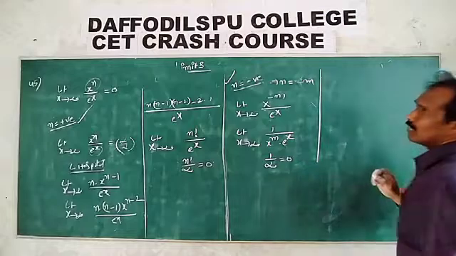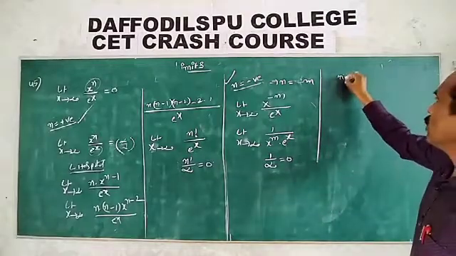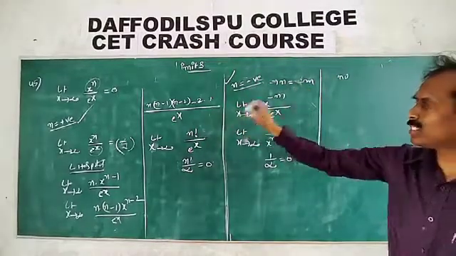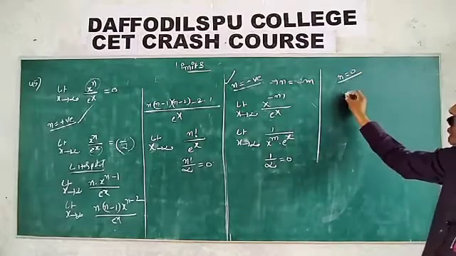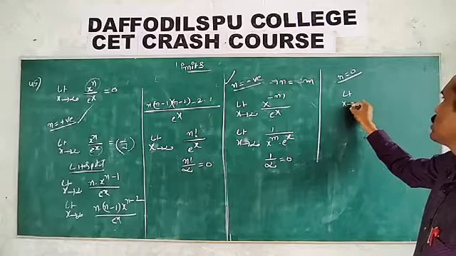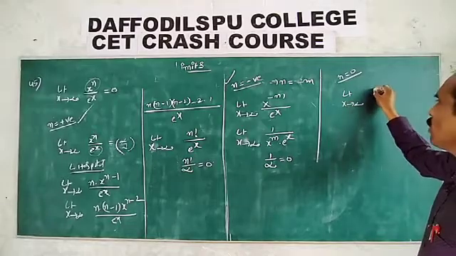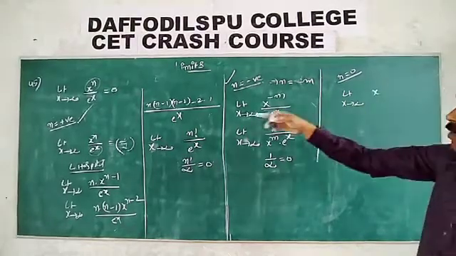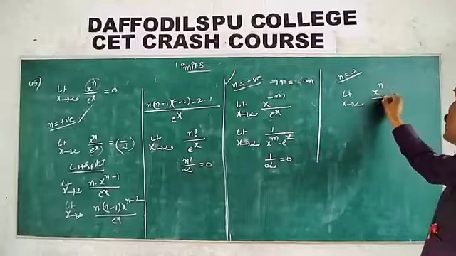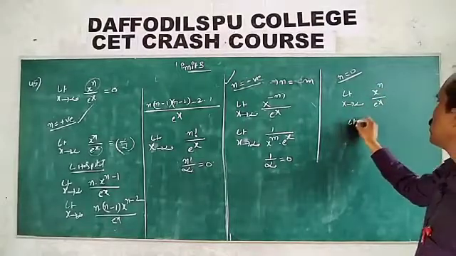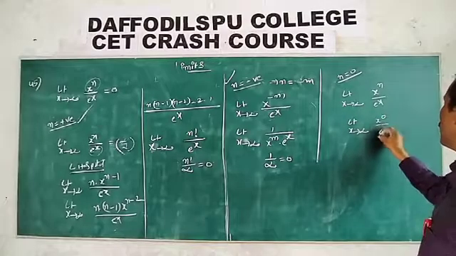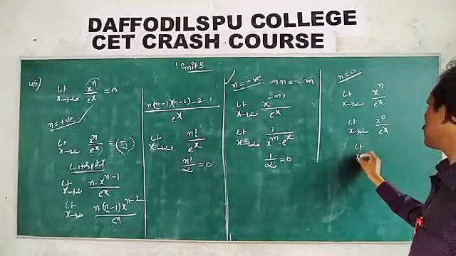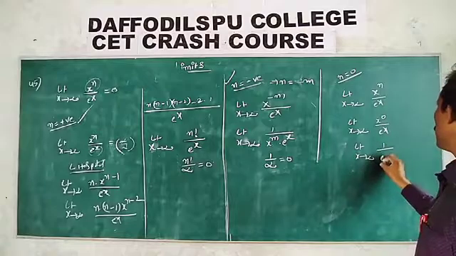Next case, n is equal to 0. We took negative integers, positive integers, and now 0. Right. Limit x tends to infinity, n value 0. The problem is x^n divided by e^x, limit x tends to infinity: x^0 by e^x, limit x tends to infinity of 1/e^x.